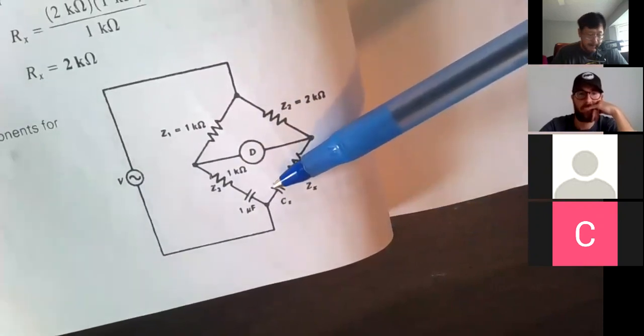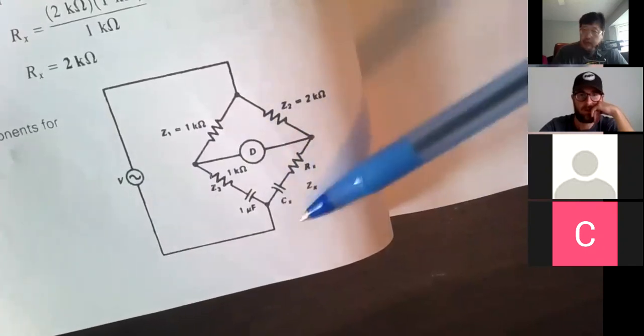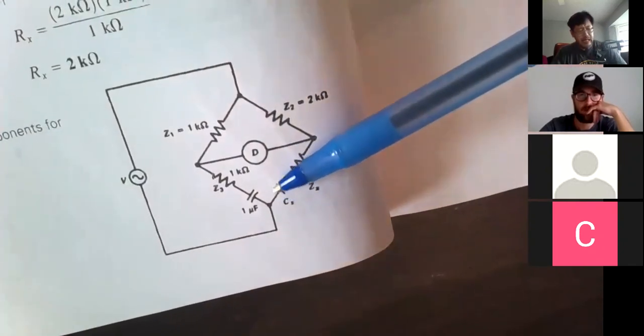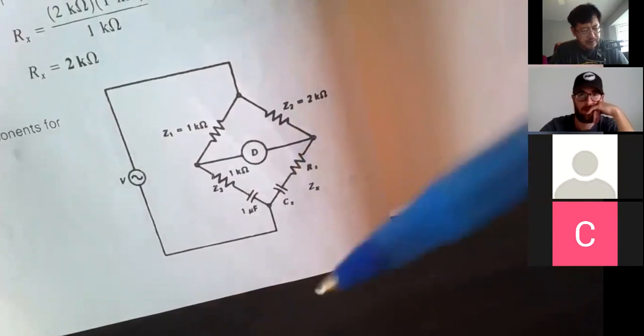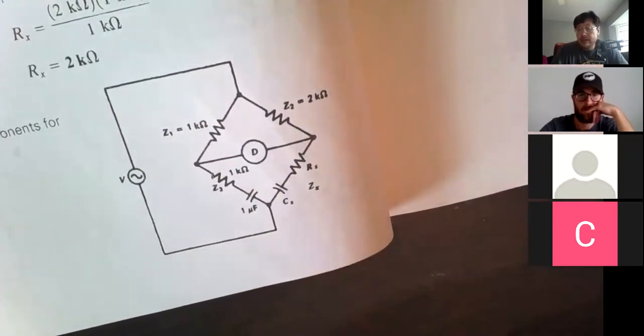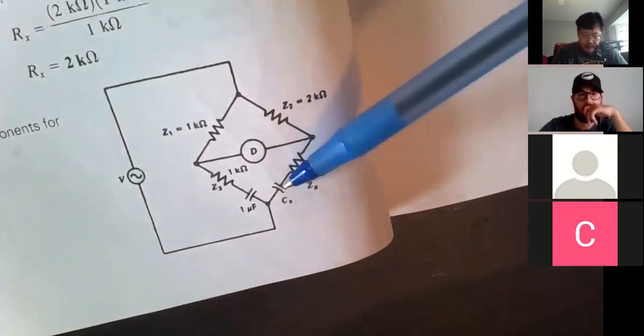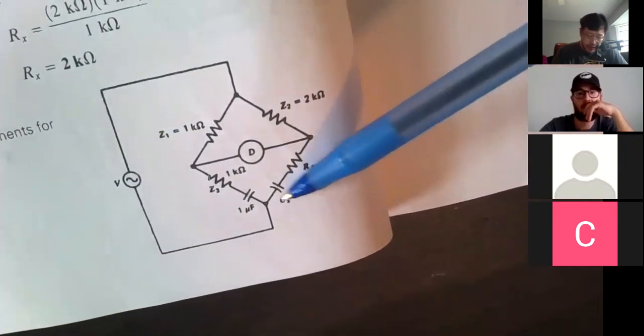In this particular example, I think it's called a Maxwell bridge, but I can be wrong. A lot of people developed bridges, and that particular type of bridge is named after the inventor. This bridge will be used to measure capacitance.